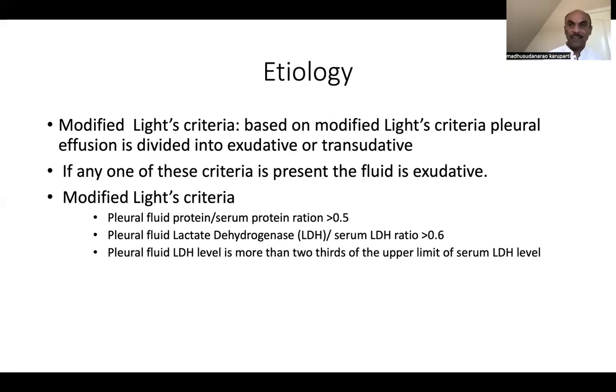If any one of these criteria is met, that particular condition is defined as the exudative pleural effusion. Well, these criteria are useful when you are going about the diagnostic evaluation of the pleural fluid in the patients with pleural effusion.